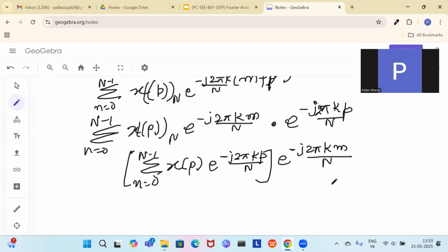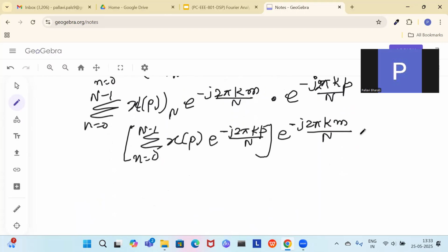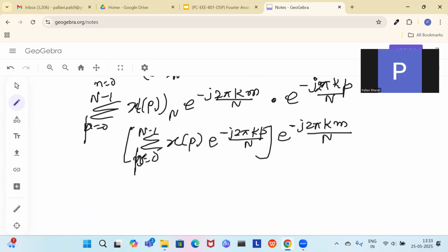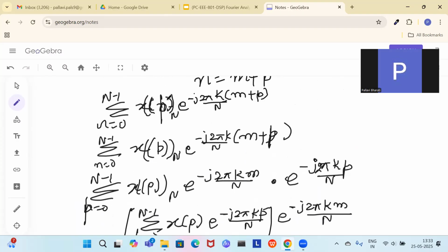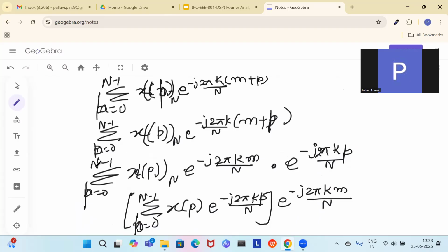So here what is changing? Small n was changing and there was no small n over here. Or actually here when you are taking p, this part is going to be p now. This portion you have started with p. So the moment you change this to p, change here also to p. So there is no p in this portion.